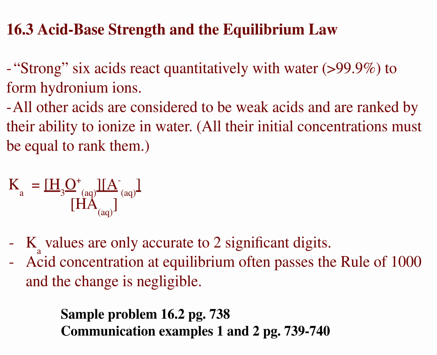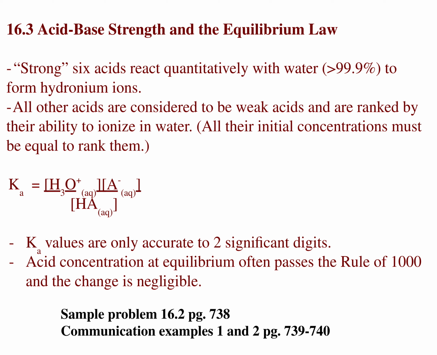So like every other equilibrium, if we want to find out what the final hydronium ion concentration is, we need an equilibrium constant. And this is one of the biggest applications of Kc. We specifically, though, name this equilibrium constant Ka.